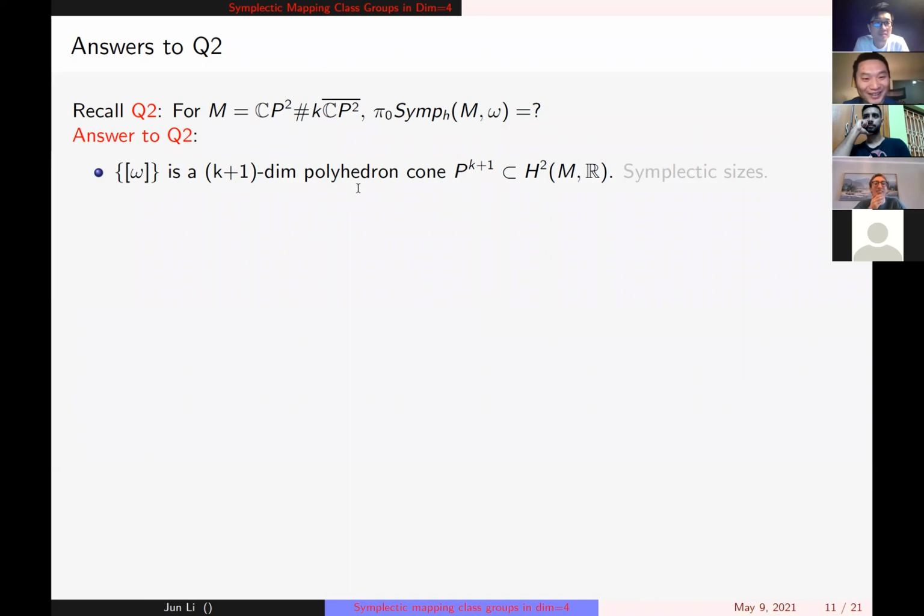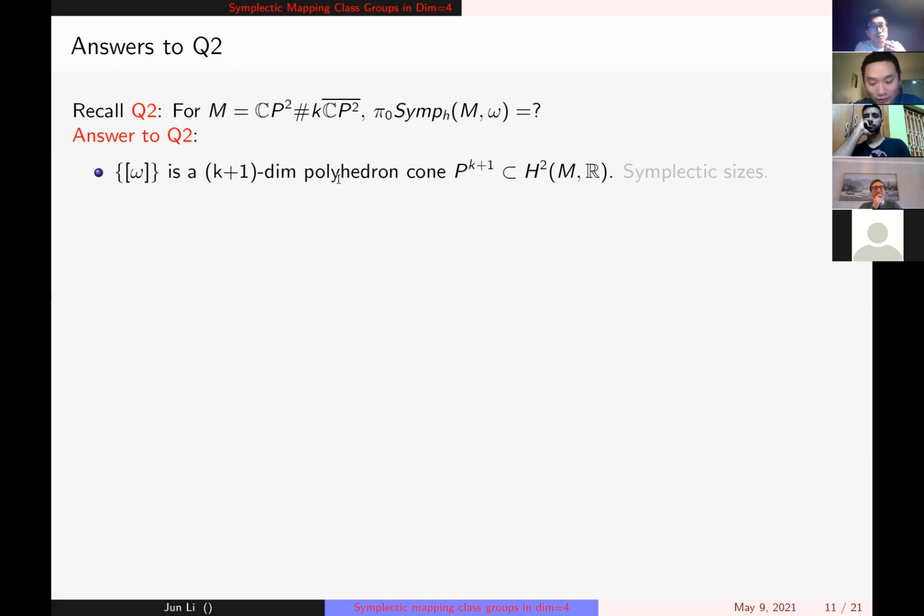Well, we mentioned in the beginning that symplectic sizes are important. So here are the possible sizes. To address question 2, we first have to understand what kind of cohomology classes can be there. This is basically something like a symplectic cone, but we are going to find some equivalence classes.